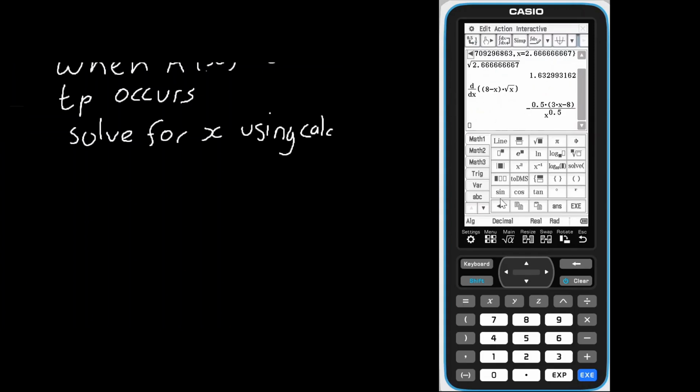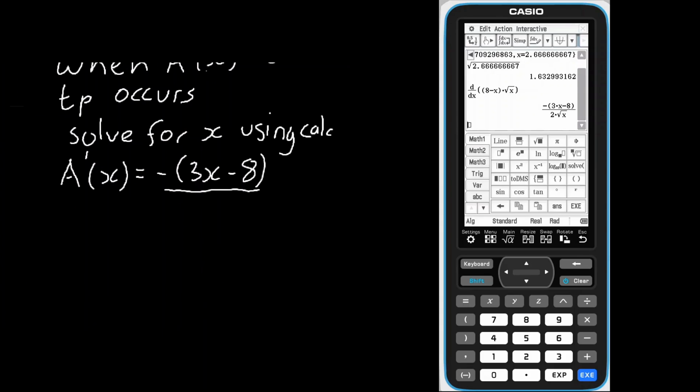Okay, and that gives me that. I'm just going to put it into standard to make life a little bit easier. So this is equal to all divided by 2 square root of x is equal to 0.